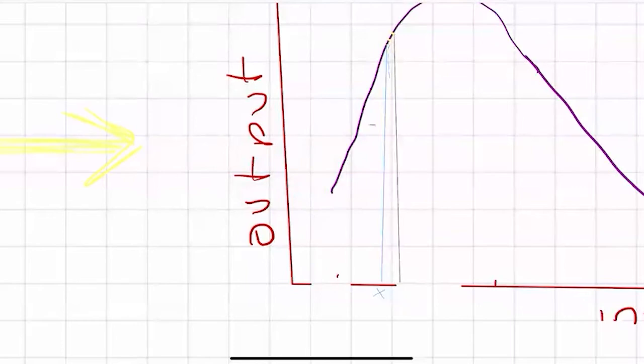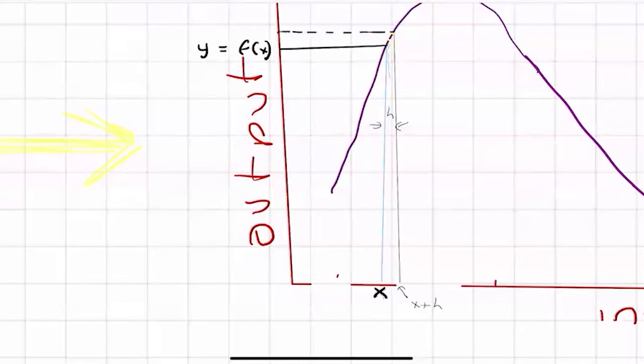That's a distance h, so that the x coordinate of him becomes x plus h. I then need y coordinates for my slope formula. So if you think back to functions, if he's x, then he's f of x, and that's how I get my y. Remember, y is always f of x. And then this one, if he's x plus h down here, then he's f of x plus h.